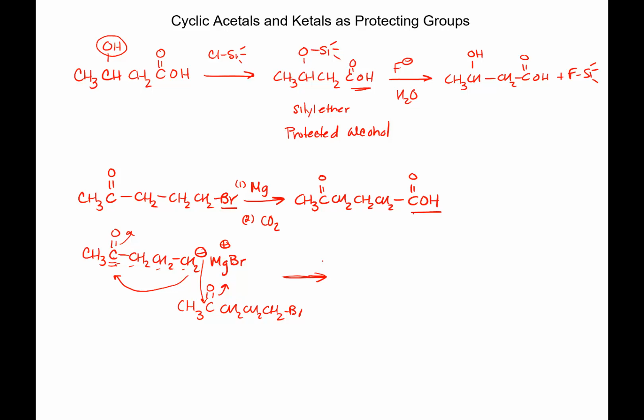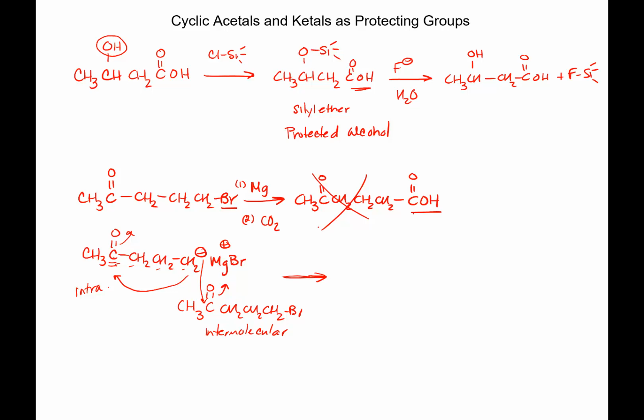The whole thing is whether it forms a cyclic compound, which would be the intramolecular reaction, and this would be the intermolecular reaction. Either way, that's not what I wanted. I wanted to make the Grignard and then react it with CO2. So if I just do this reaction as it stands, I will not get that product.